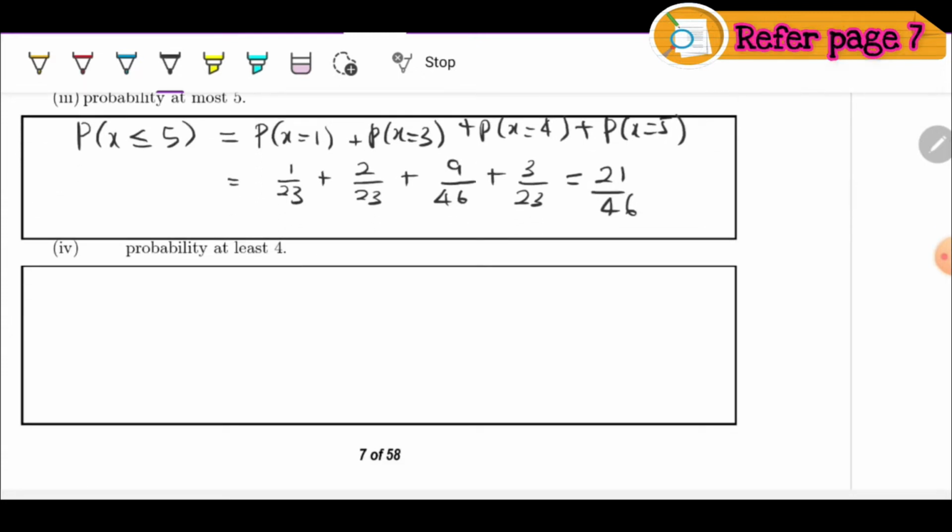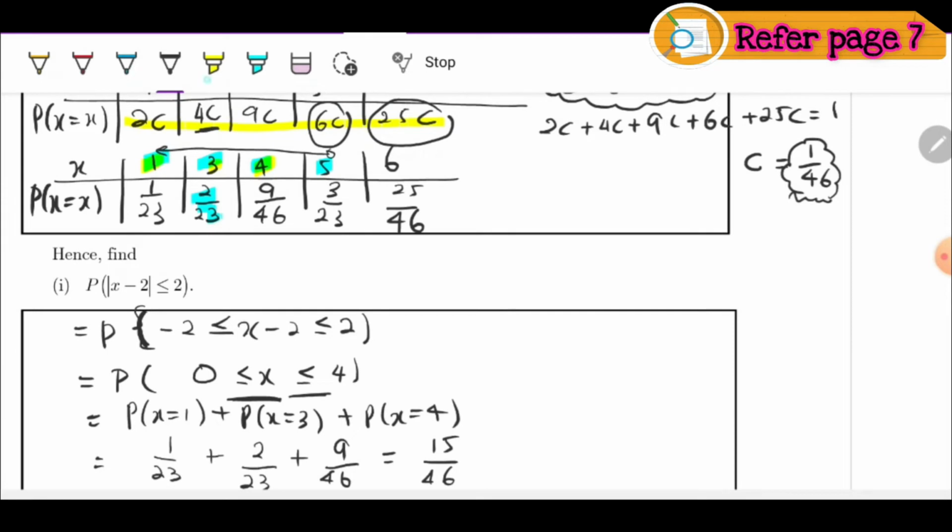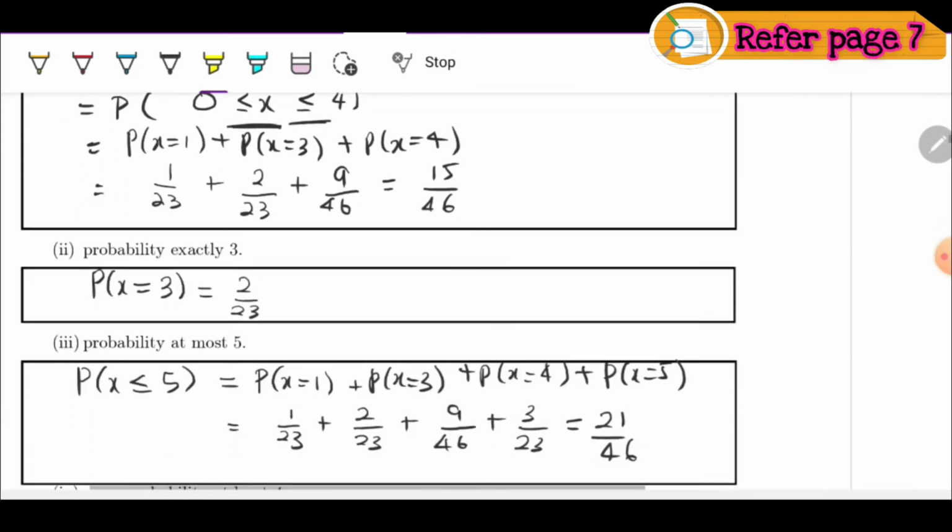Question number 4. Find the probability of at least 4. At least means greater than or equal to 4. So look at the table. Greater than or equal to 4 means starting from 4, 5, until 6.